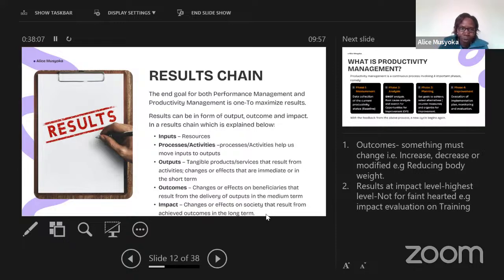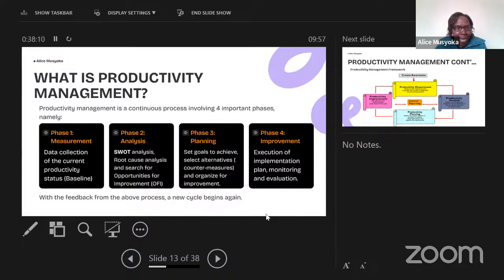Okay, so we move away from there and we talk about what is productivity management. Productivity management is a continuous process involving 4 important phases. Phase number 1, you start with measurement.